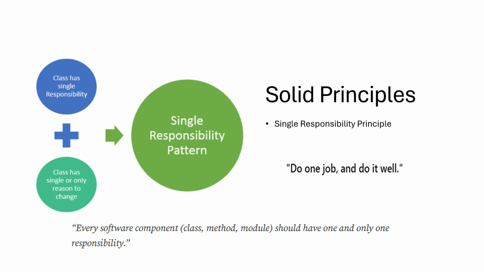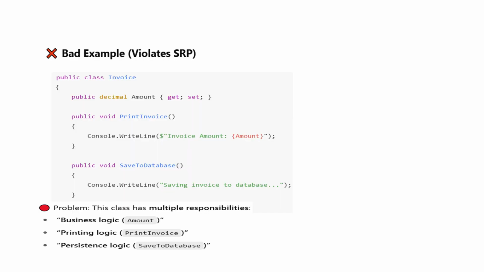Now let us learn it with an example. I will start with an example that violates the single responsibility principle. Look here. We have a class Invoice and we have this property amount. In the same class, we have a method PrintInvoice which is printing the amount, and in the same class we have a SaveToDatabase method.